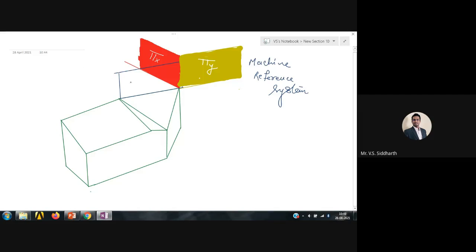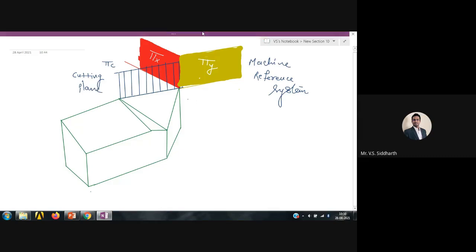But this plane which I am drawing now, the blue color plane, which is along the side cutting edge, is known as pi c, and it is known as cutting plane.